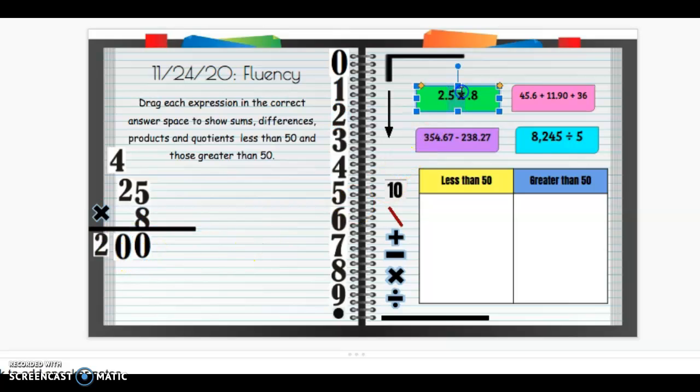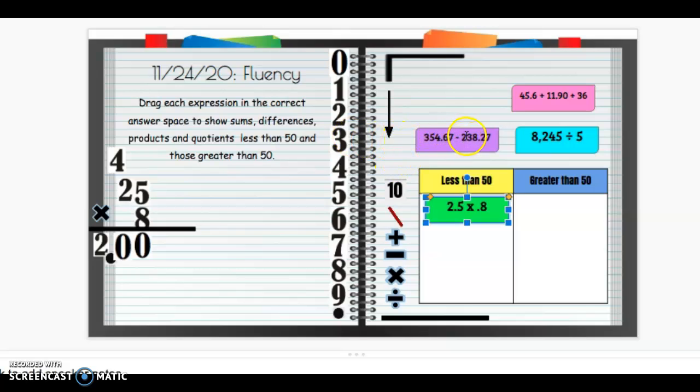I have a 5 and an 8. So that's 2. So that means I am doing 2 swoops. One swoop, 2 swoops. So I get 2.00. If I get 2.00, that is less than 50. So I will put that there. Next one.